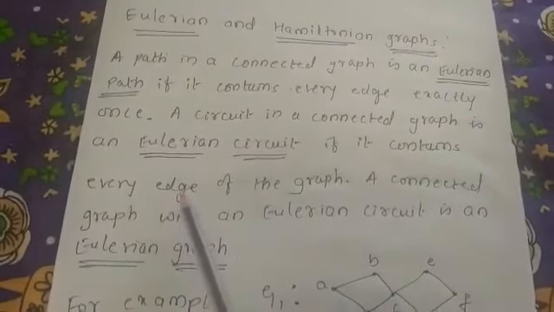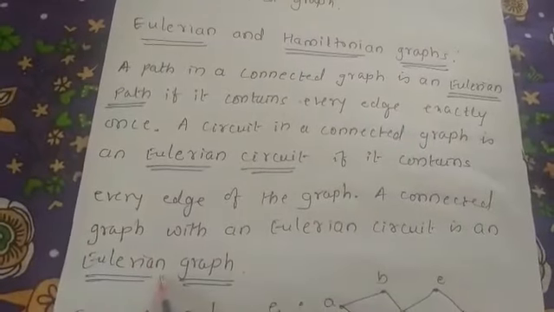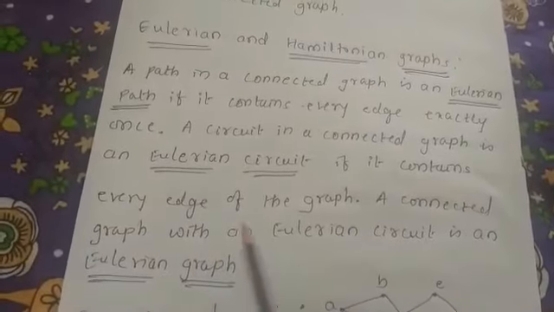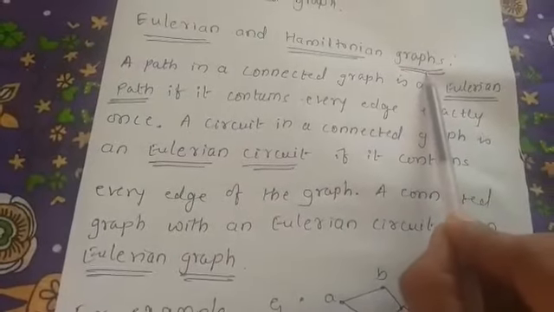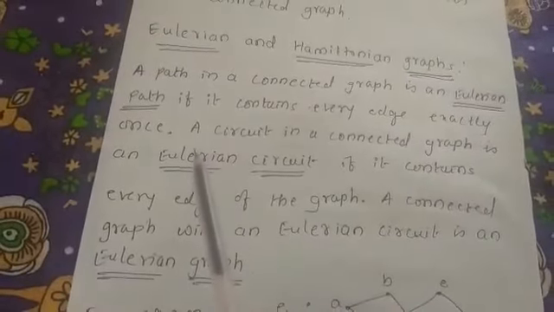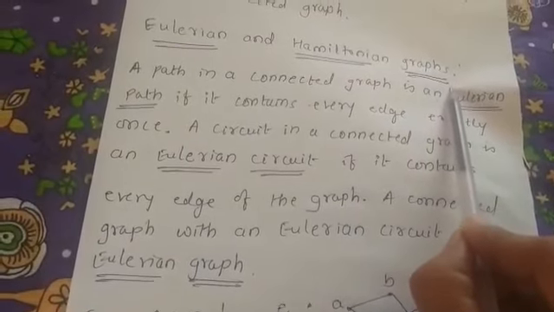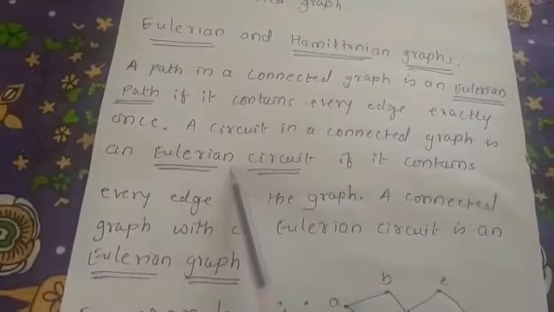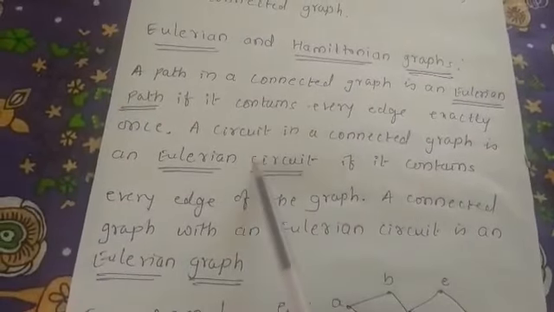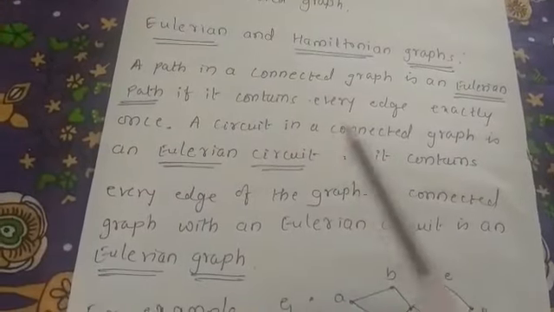No, it is not necessary. If a graph is an Eulerian graph, it includes an Eulerian circuit as well as an Eulerian path. If a graph has an Eulerian circuit, it includes an Eulerian path. If it includes an Eulerian path, it need not be an Eulerian circuit. If it includes an Eulerian circuit, it may be an Eulerian graph, but not the converse.